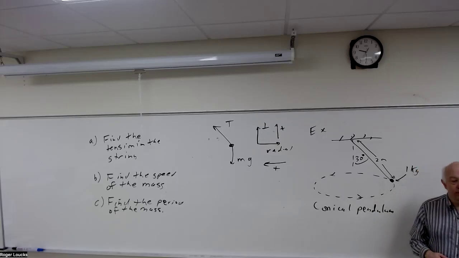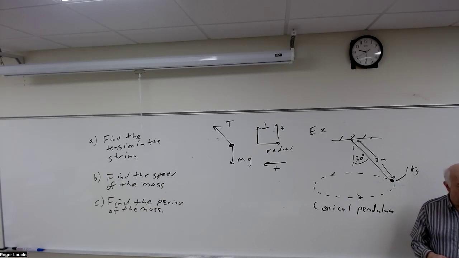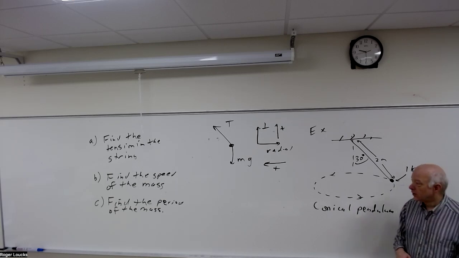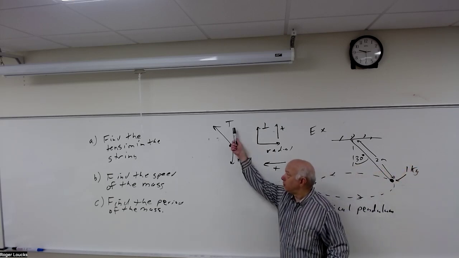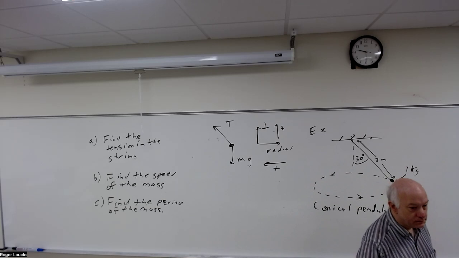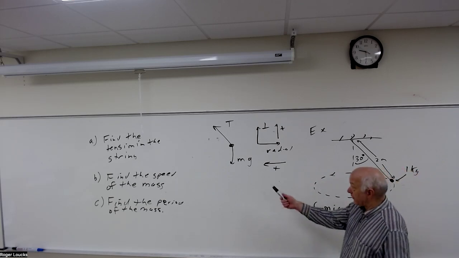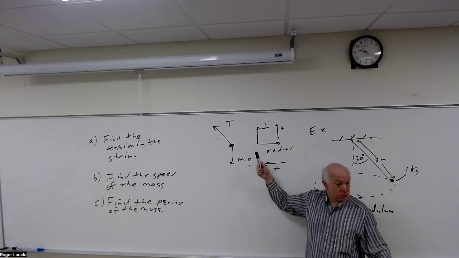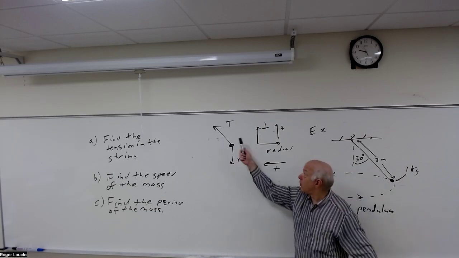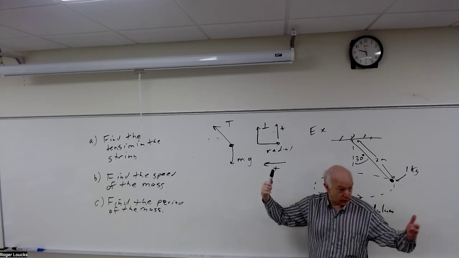That one, or that? Do I break up this guy or do I break up this guy? The T, how come? Yeah, this MG is in our perpendicular direction. That doesn't have to be broken up. This T, though, is actually in both, so we have to break that one up.